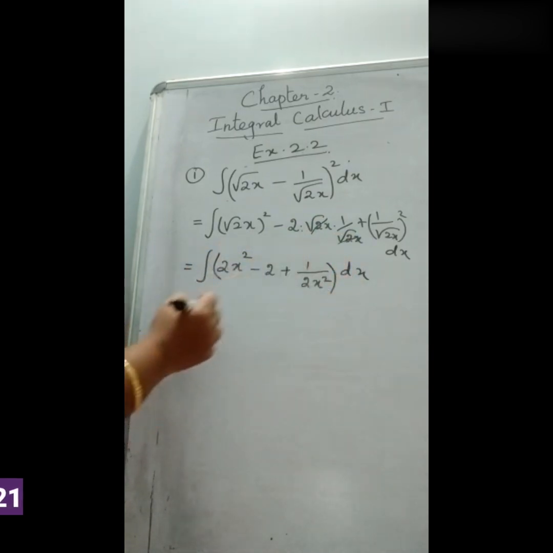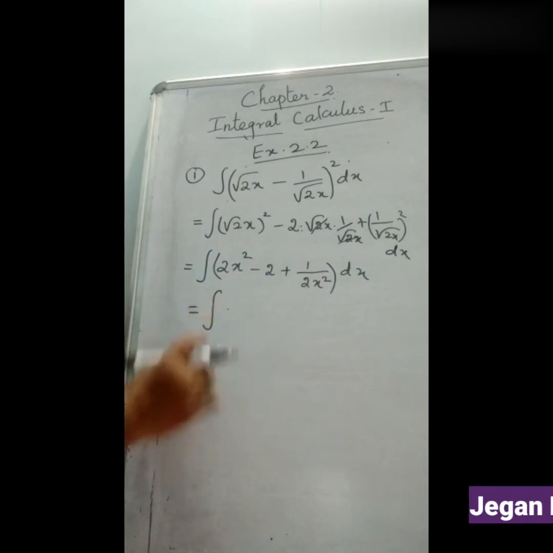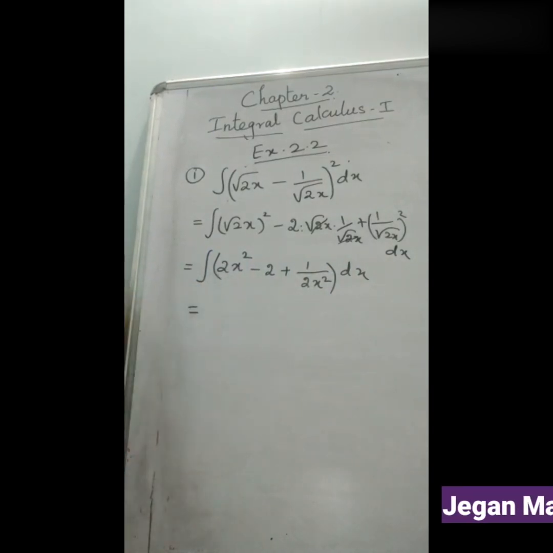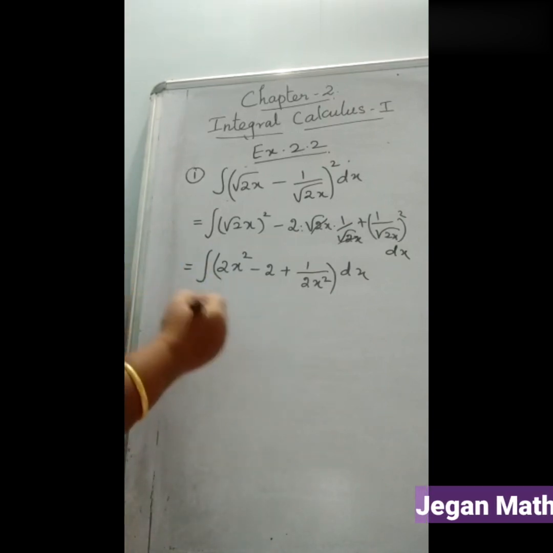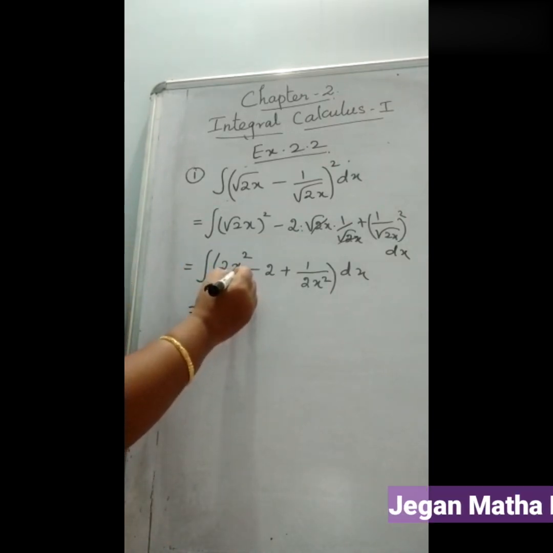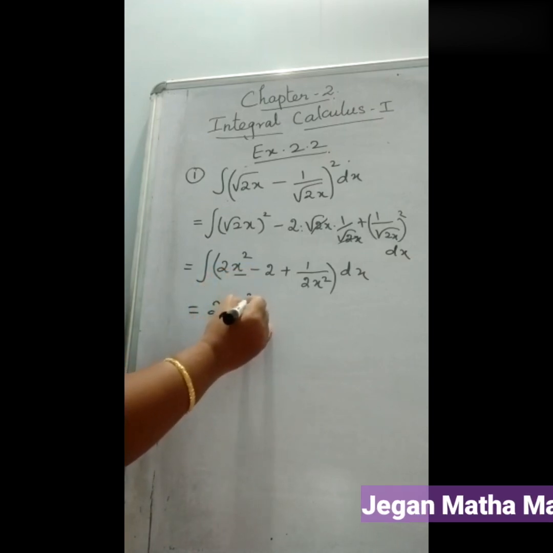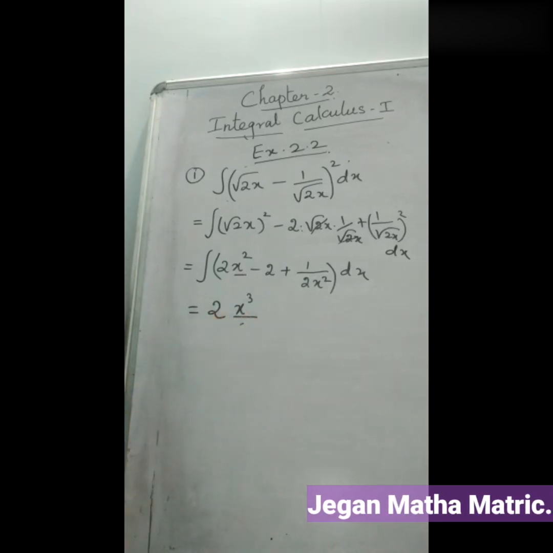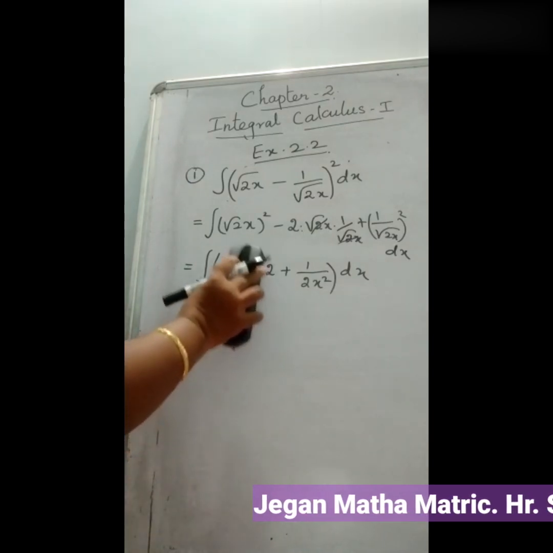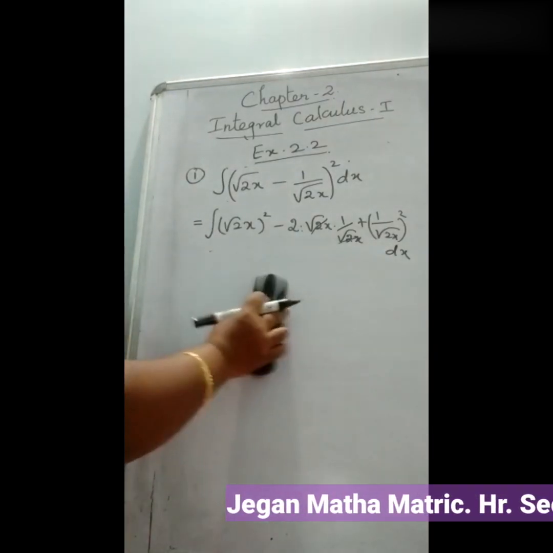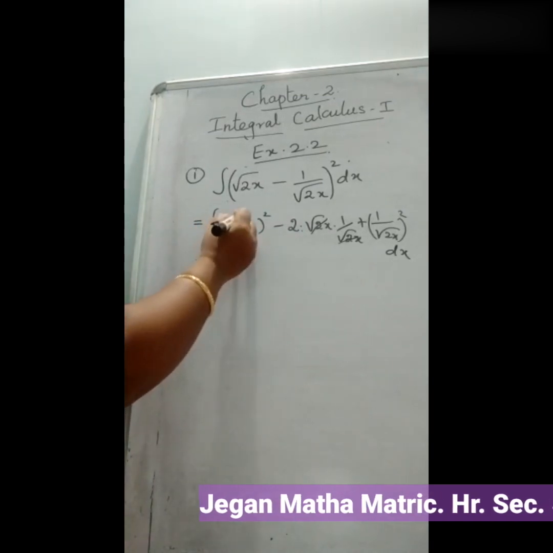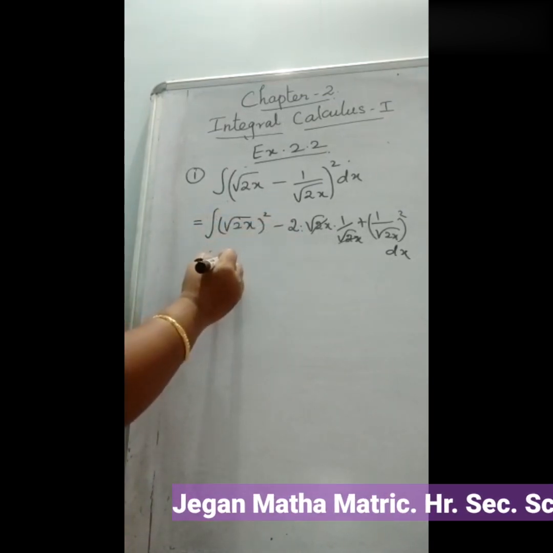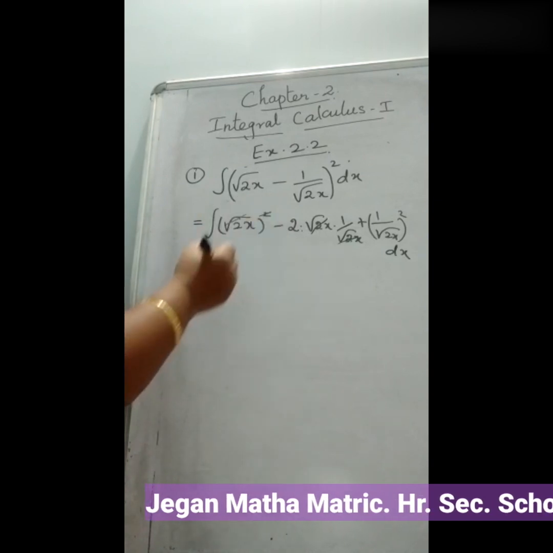Now we have to integrate this using the formula. 2 is the constant term, so you have to take it outside, and integrate x². We get x³ by... This changes into 2x², so first you get root 2 the whole squared; taking out the root and square, the root will be cancelled.